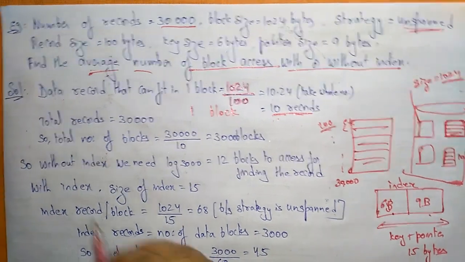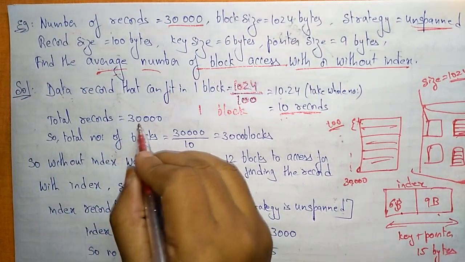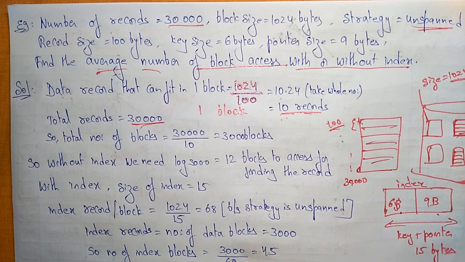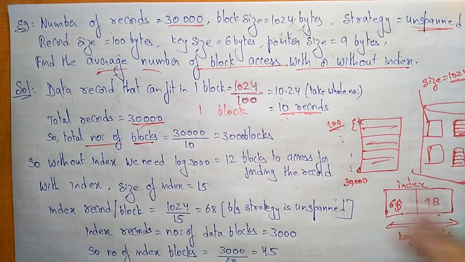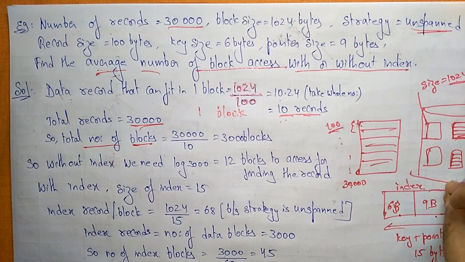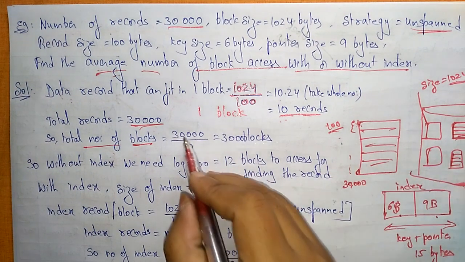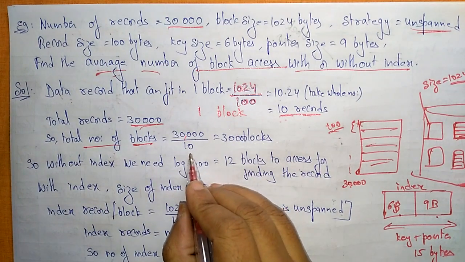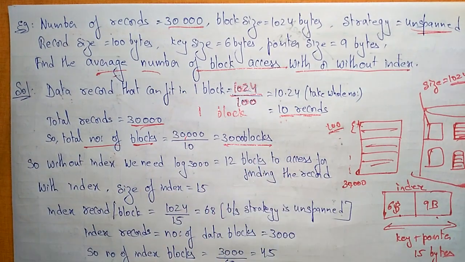Now, total records are 30,000. How many blocks are required in the data file, that is, in the hard disk? 30,000 by 10 records gives 3,000 blocks.